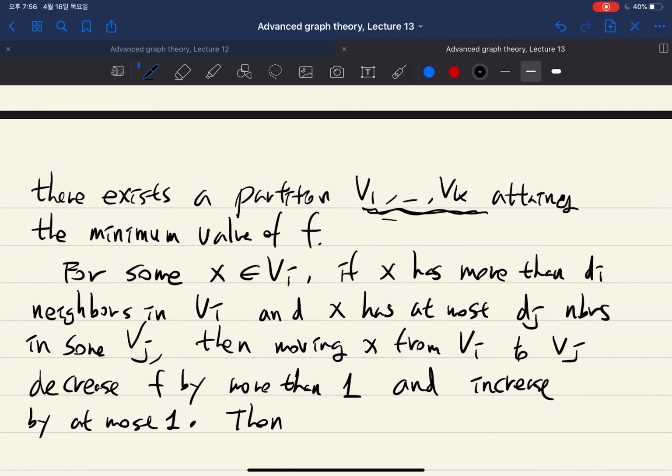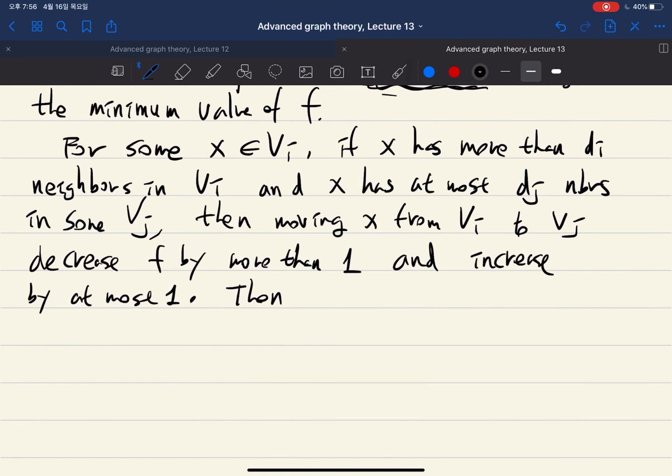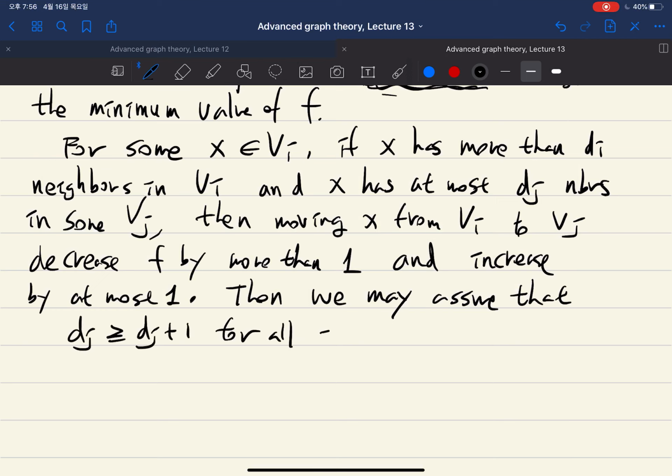We assumed that this attains the minimum value of f, but we just found a better partition with a smaller value. That means we may assume that t_j is at least d_j plus 1 for all j in k. Otherwise, we can move to the j which satisfies the other way around.